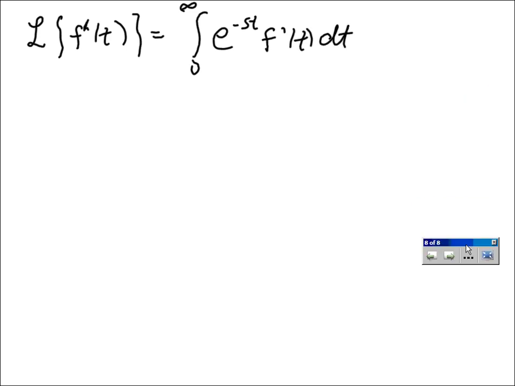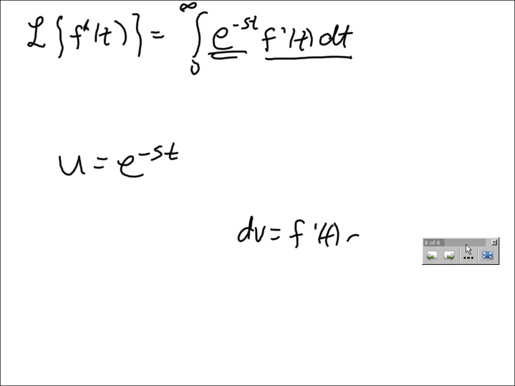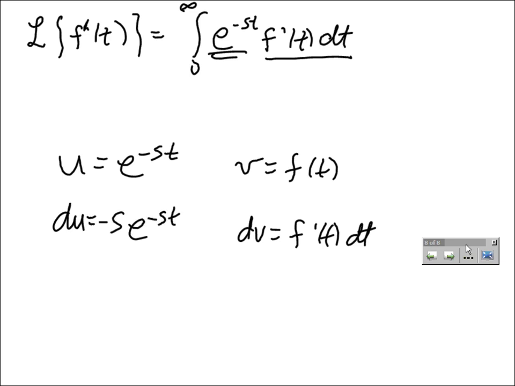We're going to solve this by parts, by letting u be this function. Then dv is everything left over. Then v will just be f of t, and du will be negative s e to the negative st.